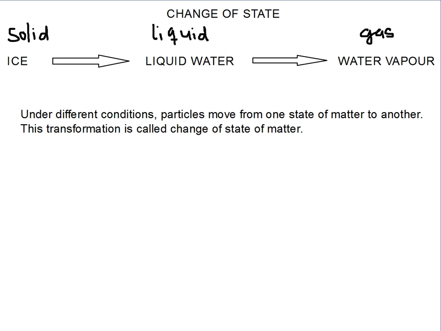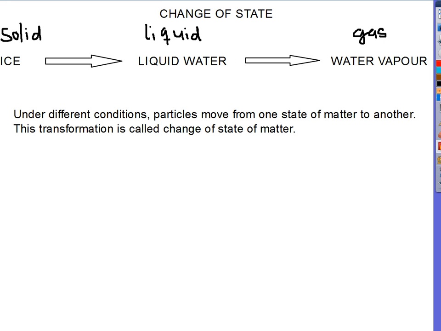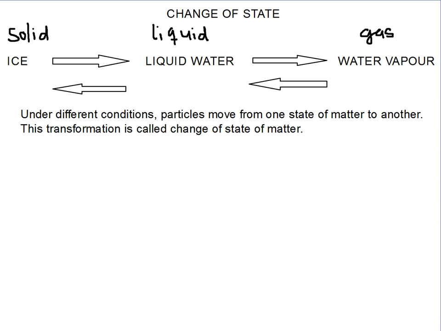Okay, so let me bring these arrows because it is not one way. It can occur in both ways. Liquid water can also change to ice. The same applies to water vapor. Water vapor can also change to liquid water. And these changes in the states of matter are what we call the change of state of matter.